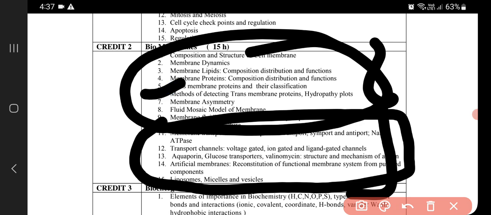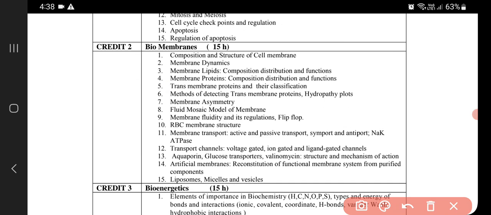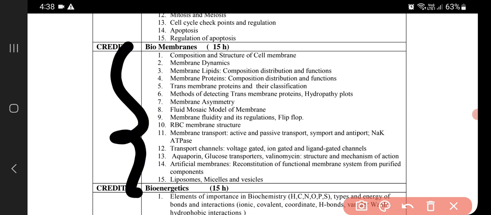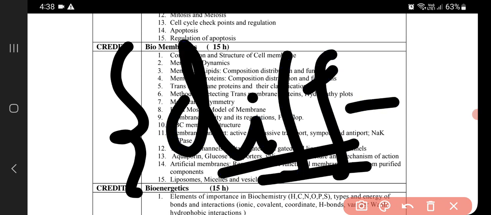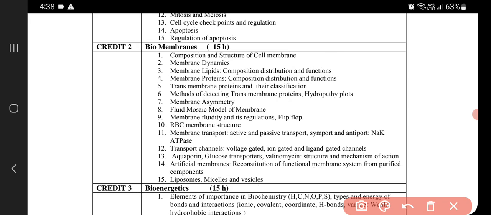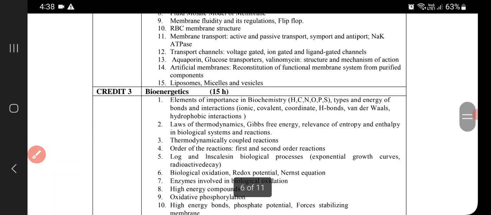Membrane dynamics is the sixth one. Those are very important, and I'll provide you notes because these are not there in your previous notes. For all 15 topics you need to refer to different books, so I'll provide the notes.